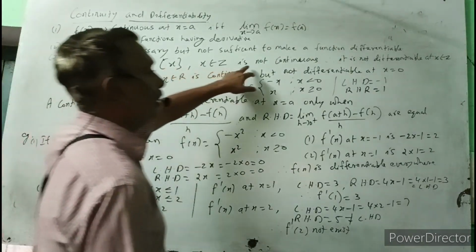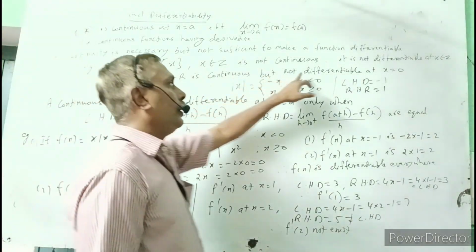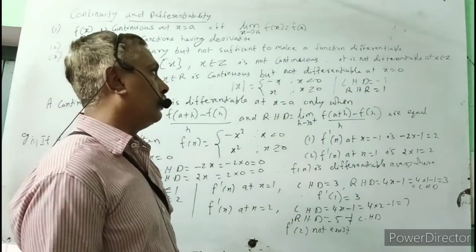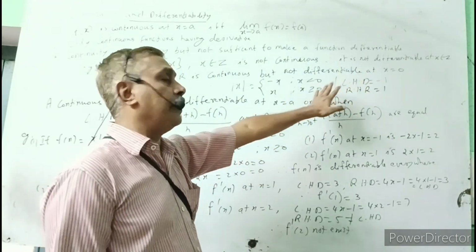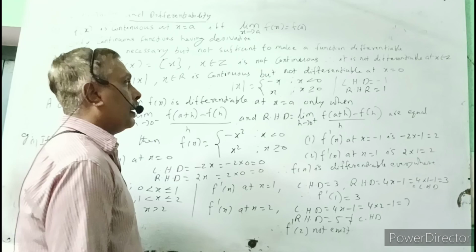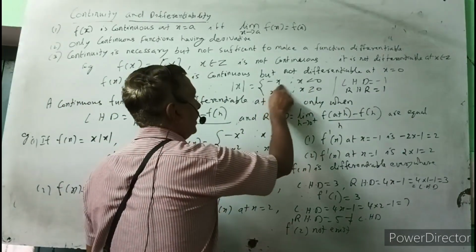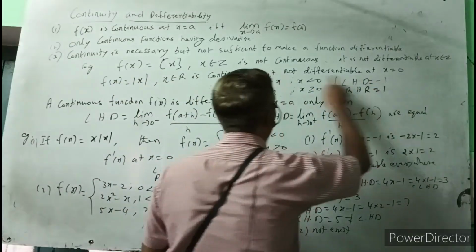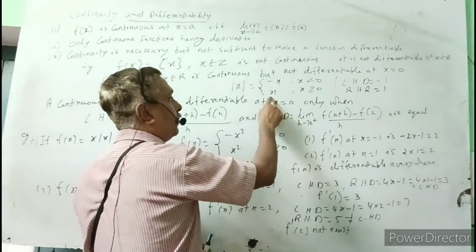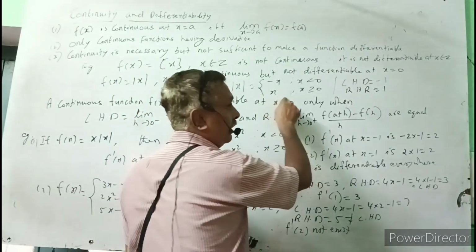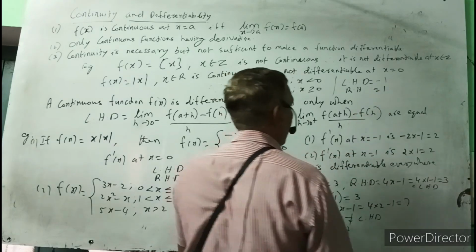Now, you see here, the greatest integer function I already told you. Now let's see f of x equal to modulus x. It is continuous but not differentiable at x equal to 0. I already told you how it is continuous: no break is there if you draw the graph. But if I differentiate at 0 on the left side, the answer is -1. That is the left hand derivative. On the right side, differentiating by chain rule or formula, RHD is 1.